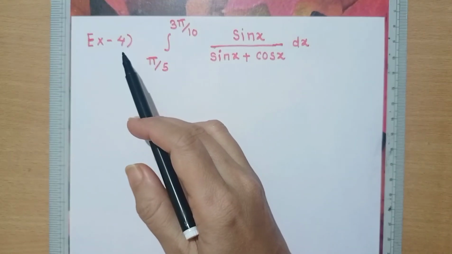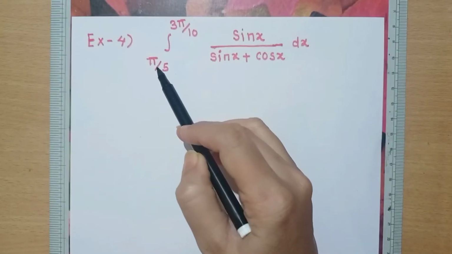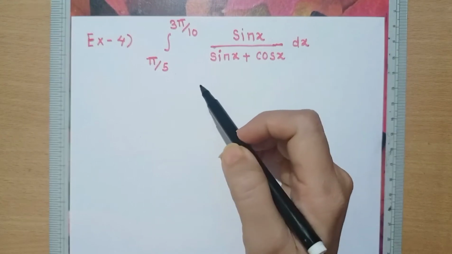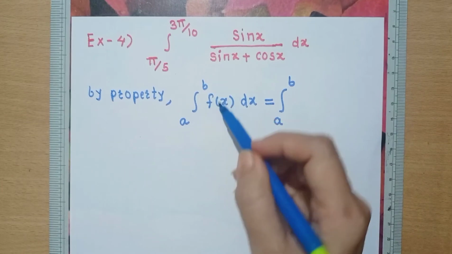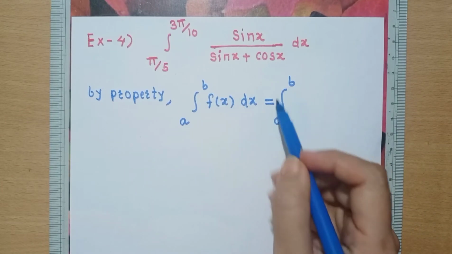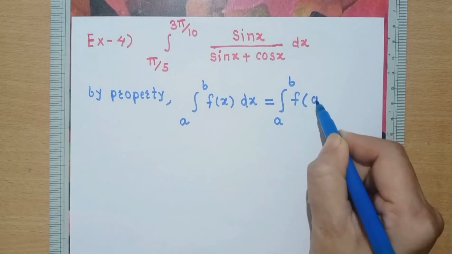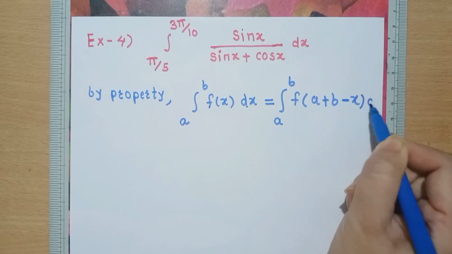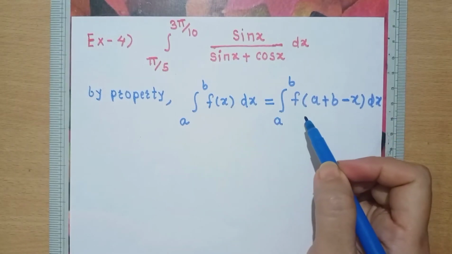This is our fourth example, and this is in the form integration a to b of f(x) dx. So we have to use the property: integration a to b of f(x) dx equals integration a to b of f, first write down the lower limit, then add the upper limit, and then subtract the variable. So in this way we will transform this function.